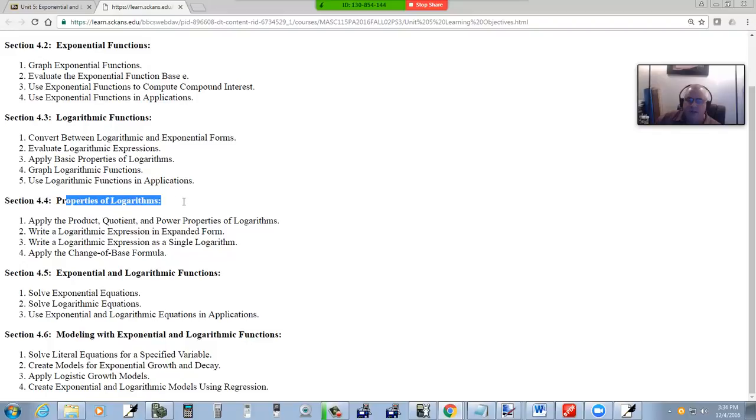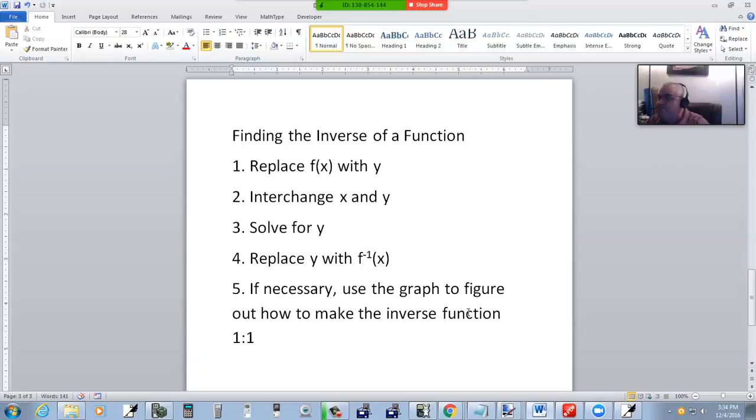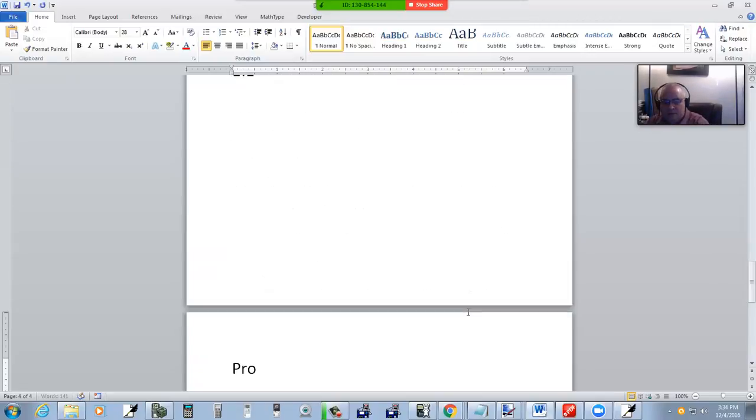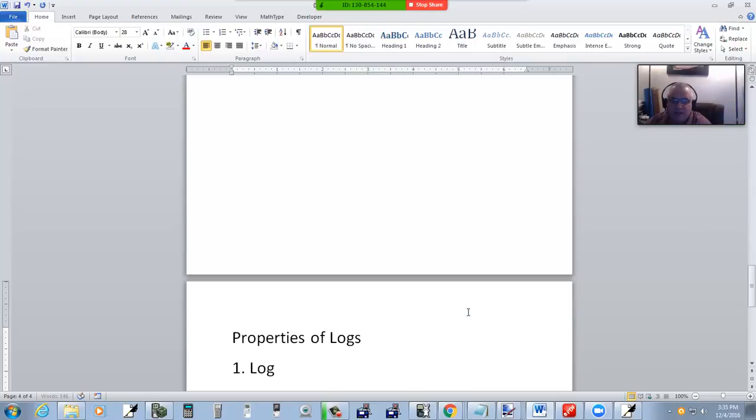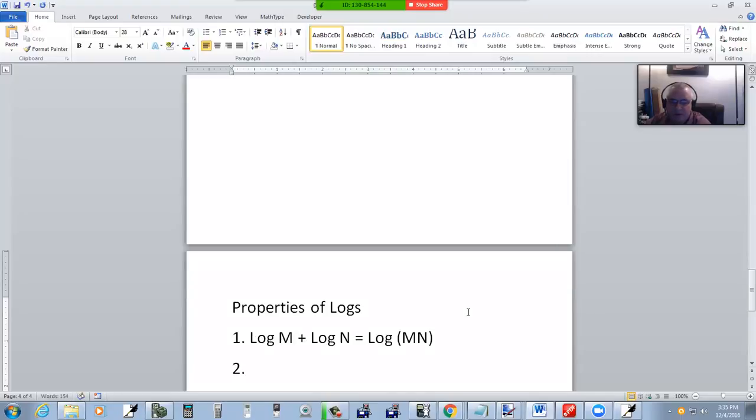And we're to section 4.4, properties of logs. Now we got 3 main properties of logs. First one says log of something plus log of something. Addition becomes multiplication. Second one is log of something minus log of something.